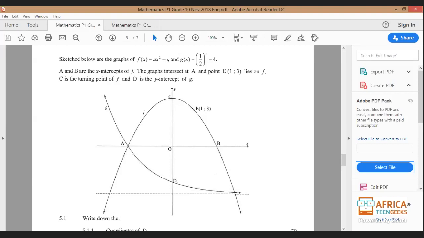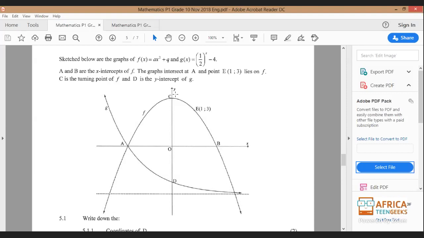That's a hyperbola graph. But a graph like this is an exponential graph, guys. And you can see by its equation or its formula that this is to the power of x, therefore it's an exponential graph basically, right?